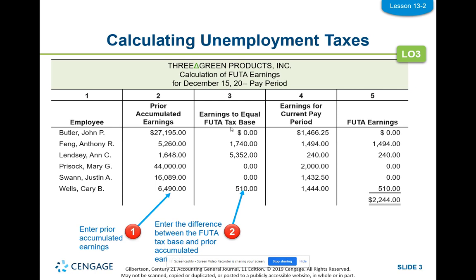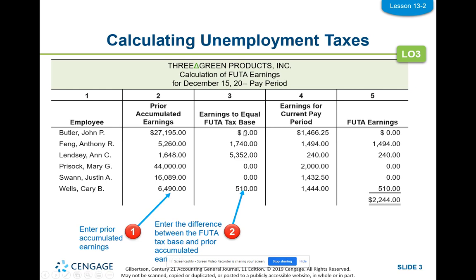So right now the FUTA tax base is $7,000. So once the employee has earned $7,000 for the year, we no longer have to pay federal unemployment tax on them. So that's why it's a benefit for an employer to keep the same employees all year long.